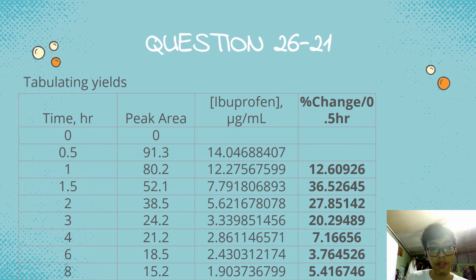Now, for 2 and 3, the concentration has an interval of 1 hour, so the appropriate calculations were done to be consistent with the per 0.5 hour change, as also is the case with the 4 to 6 hour interval.